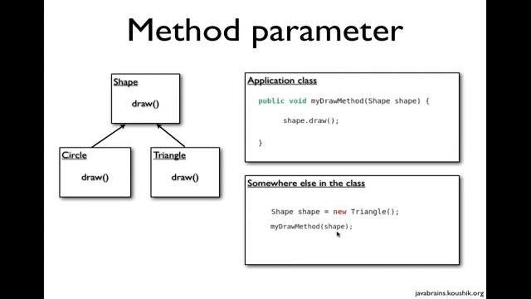So we are still tied to this new triangle, right? We are still not free from it. Somewhere else in the class we need to have this new instantiation, and we still know what's going to happen. No matter how many times you run this class, it's still going to draw a triangle because we have this new triangle in place.